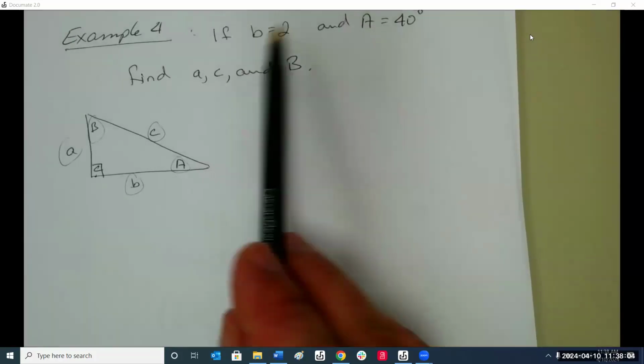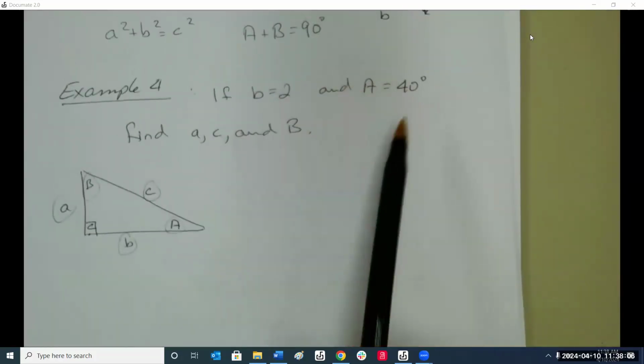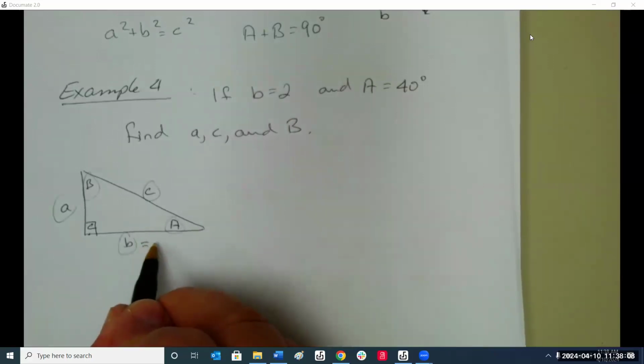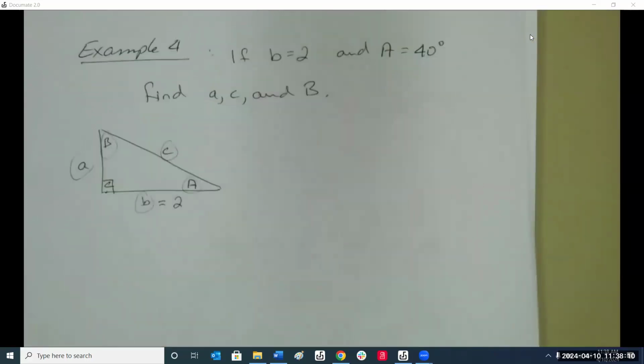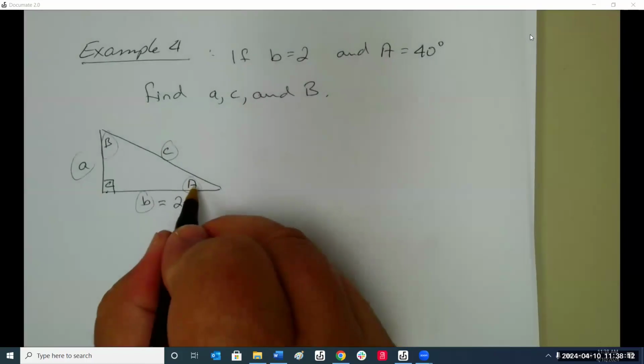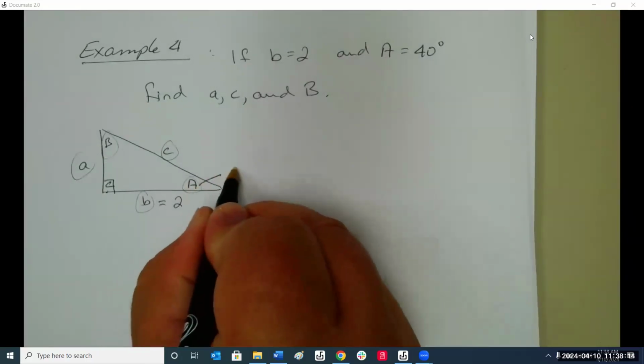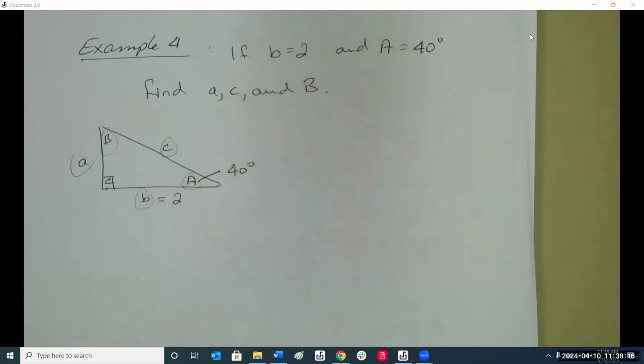But we need to know, besides the 90 degrees, we have to know 2 more pieces of information in order to solve for the rest of them. We got two pieces of information here. So out of this equation, B is 2 and A is 40 degrees.